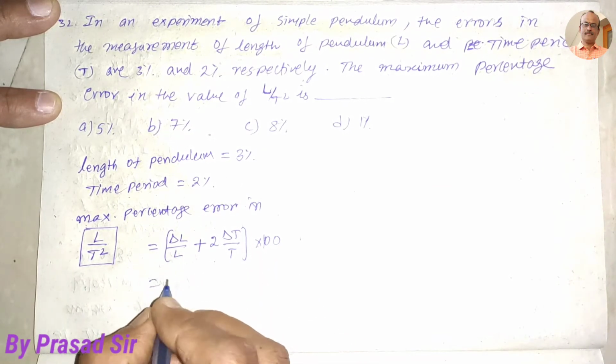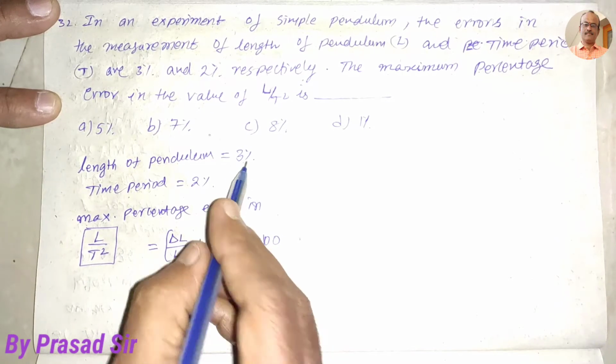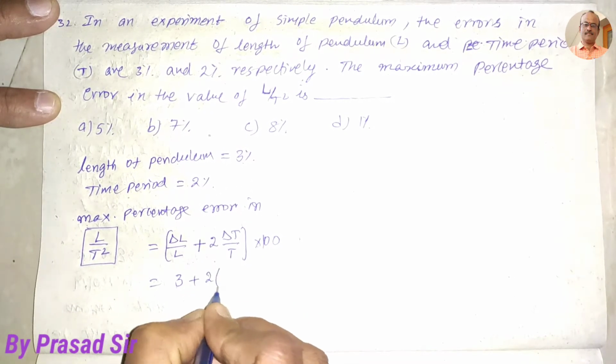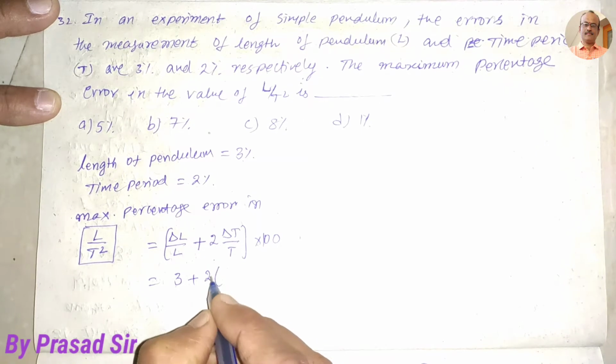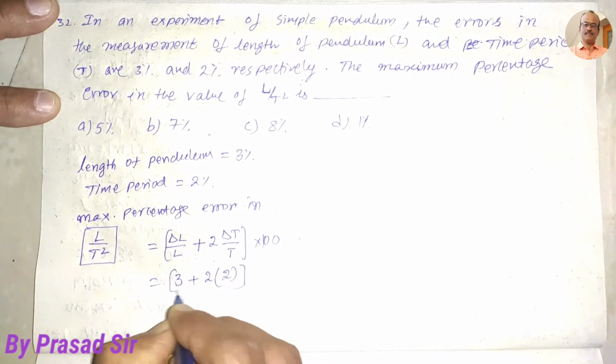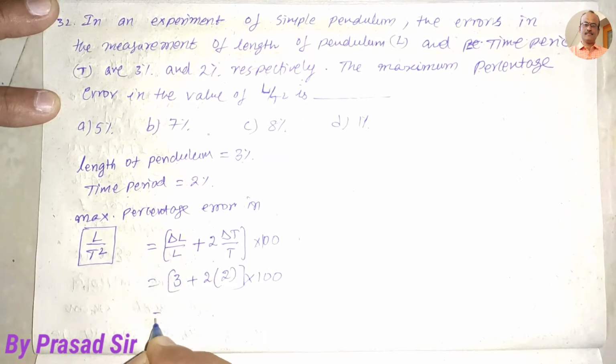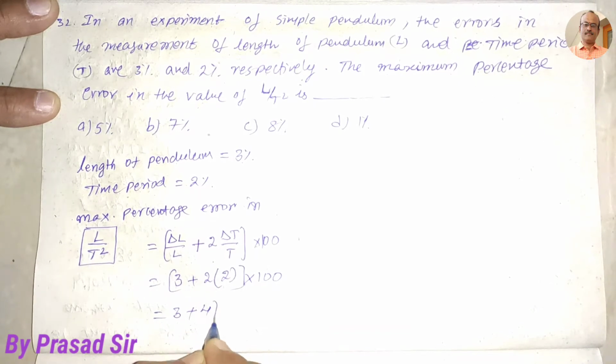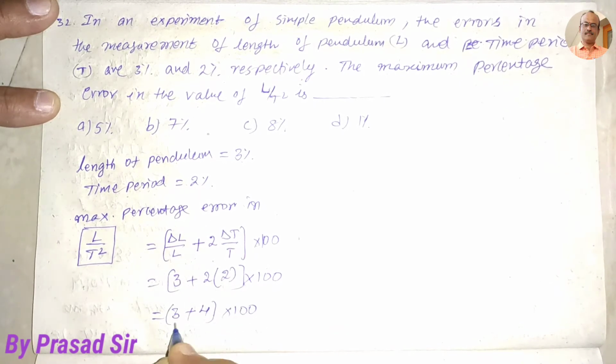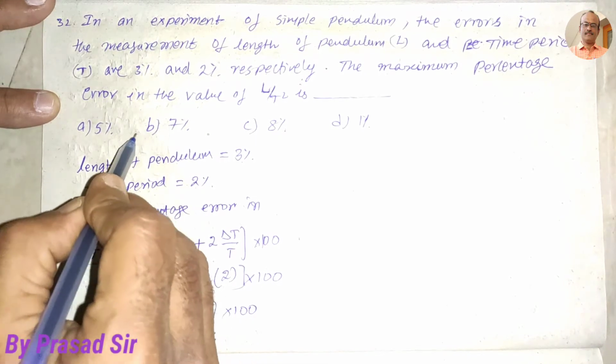So delta L by L, how much is given? 3, plus 2 times delta T by T, how much is given? 2, into 100. So here 3 plus 4 into 100. 3 plus 4 how much? 7. So the answer is 7%. So the option is B.